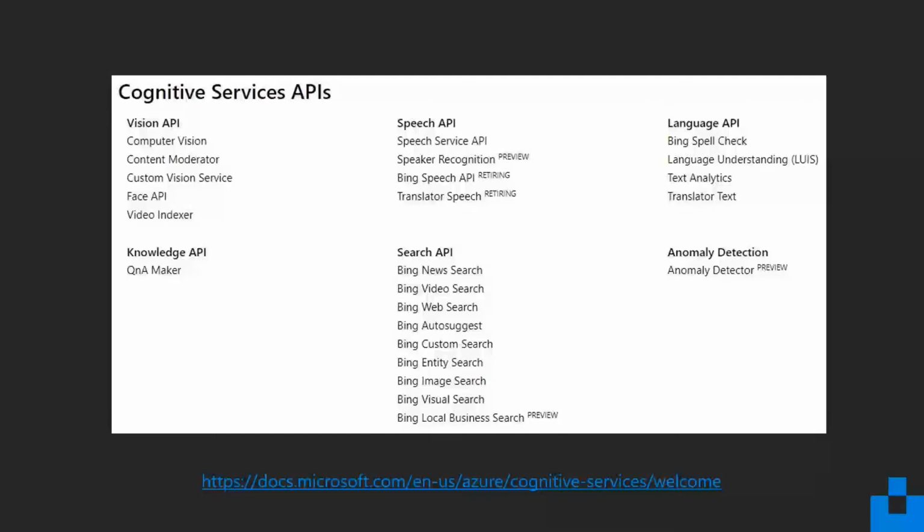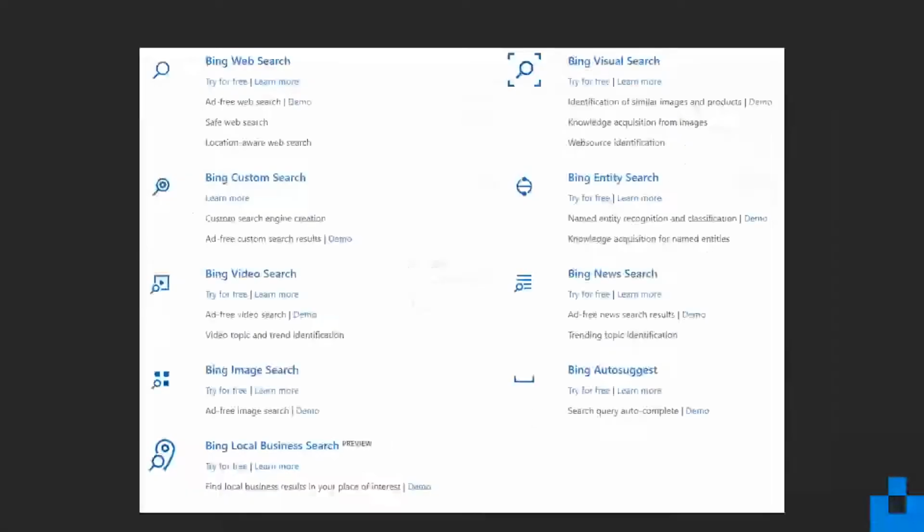So for example, in the vision API, there are APIs that can undertake facial recognition, that can automatically index videos for you. Another example is the knowledge API, which is a really good set of APIs that can be used to power chatbots and language understanding.